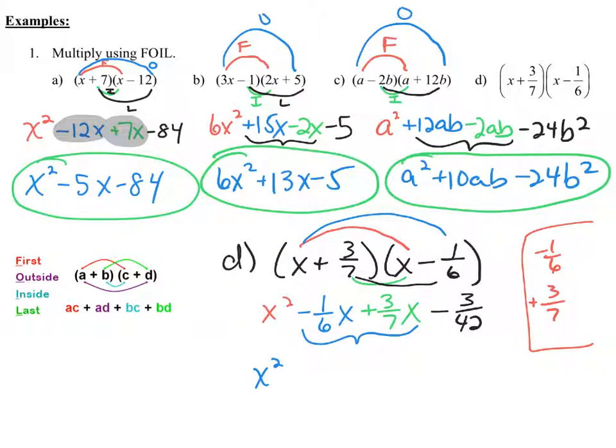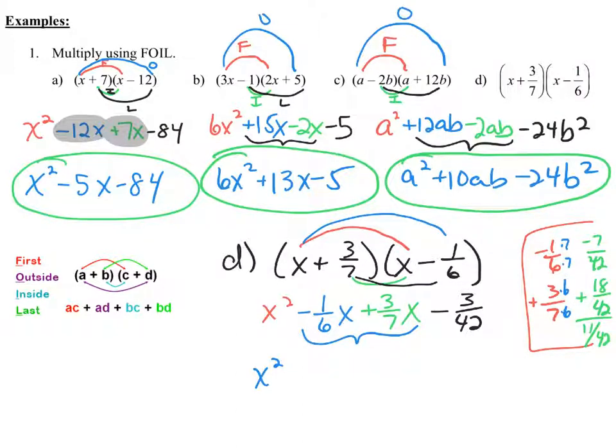To get a common denominator, you would have to multiply the top and the bottom of the first fraction by 7, and the top and the bottom of the second fraction by 6. So the fraction becomes negative 7 over 42 plus 3 times 6 is 18 over 42. So you can add fractions if they have a common denominator, and negative 7 over 42 plus 18 over 42 is 11 over 42.